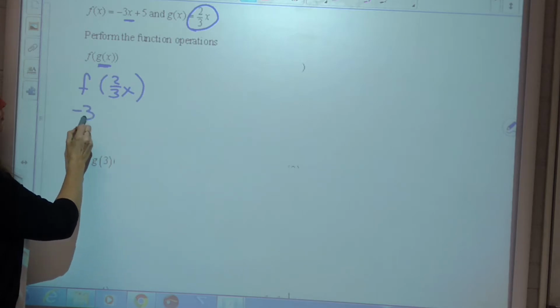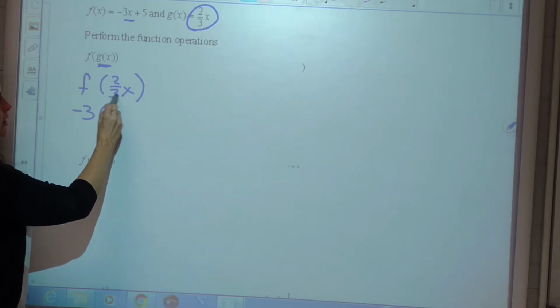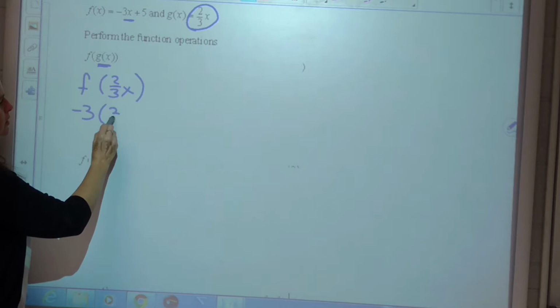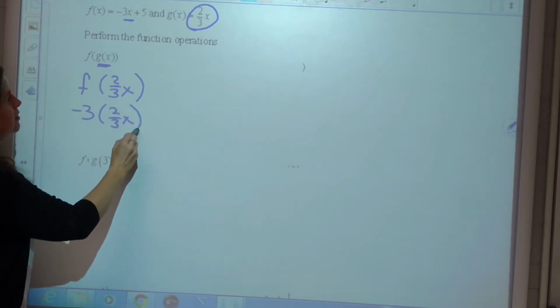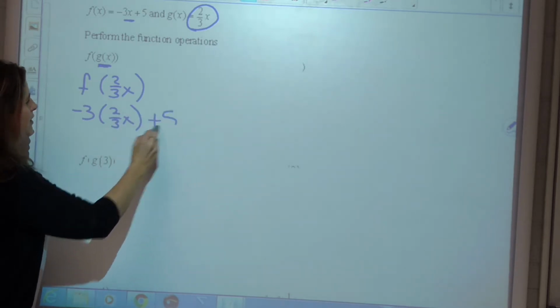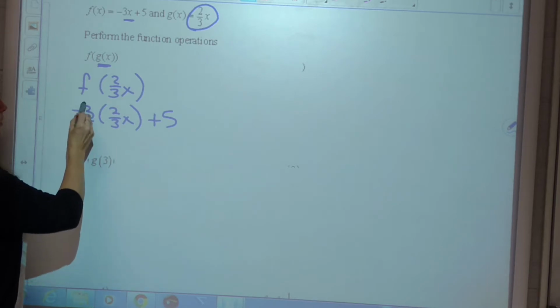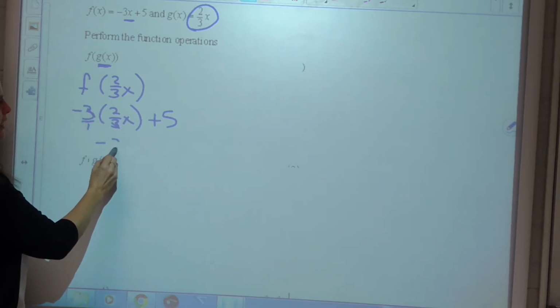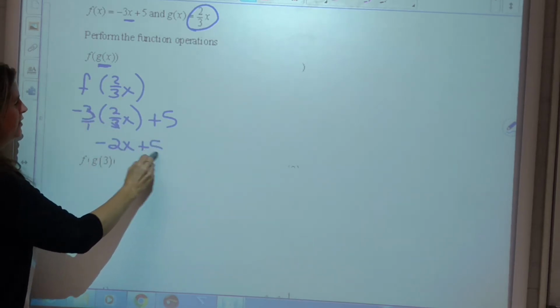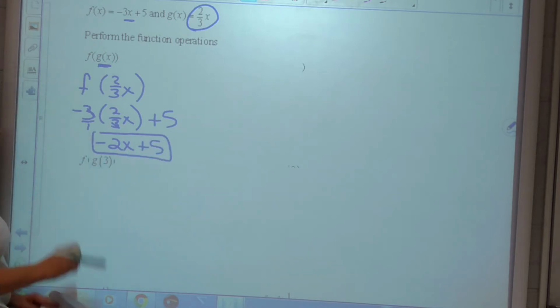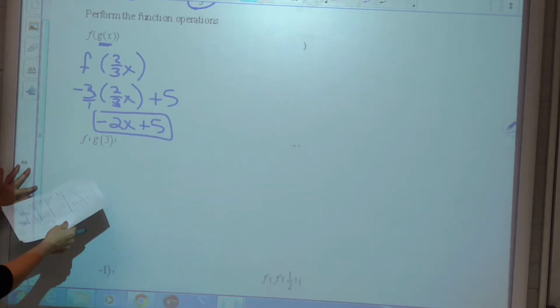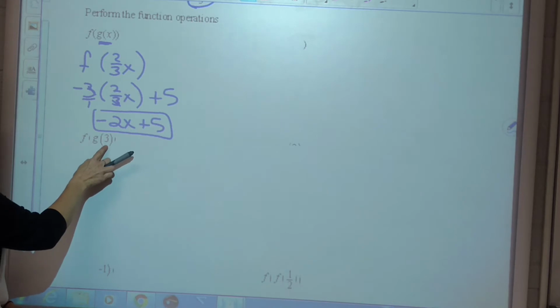So that's -3. When I get to the x, I write the whole expression, 2/3 x plus 5. Well, that's over 1. The 3's can cancel, so I get a -2x plus 5. And that's my expression.